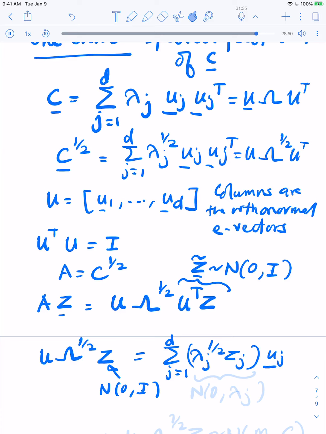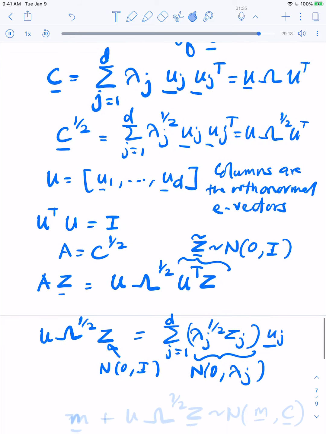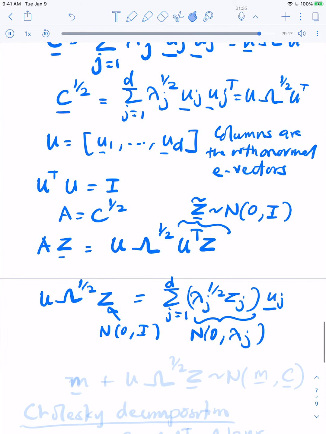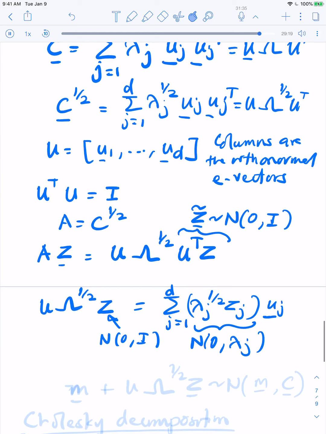So I can think of this correlated Gaussian random vector with covariance C, I'm not talking about the mean yet, as basically being these Gaussian 0, lambda j random variables along these axes, these axes that are special. These are the eigenvectors of the covariance matrix.